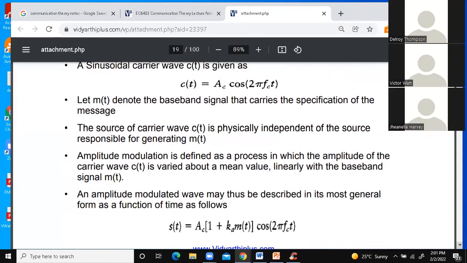Amplitude modulation is defined as the process in which the amplitude of the carrier wave is varied about a mean value linearly with the baseband signal.